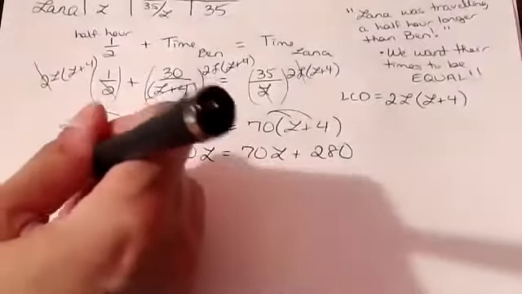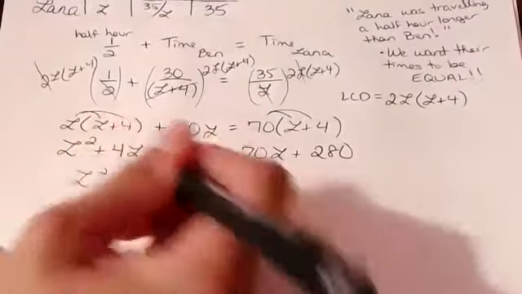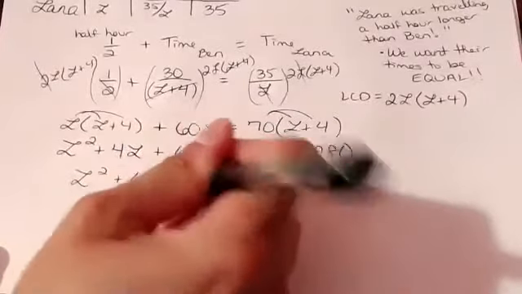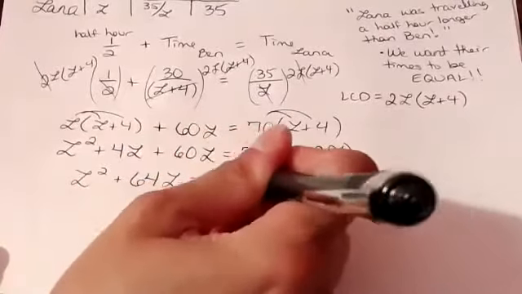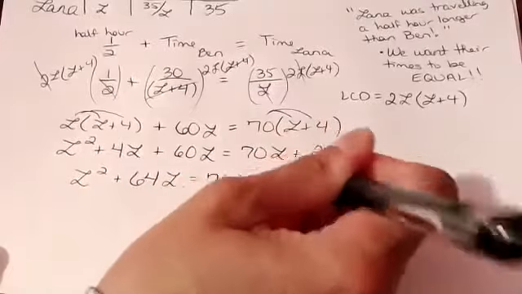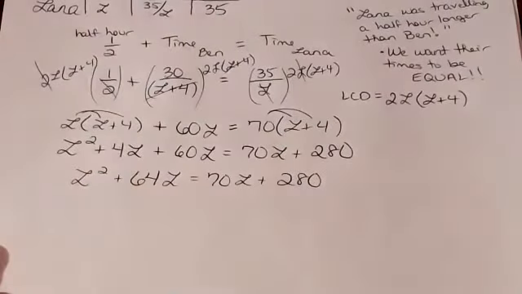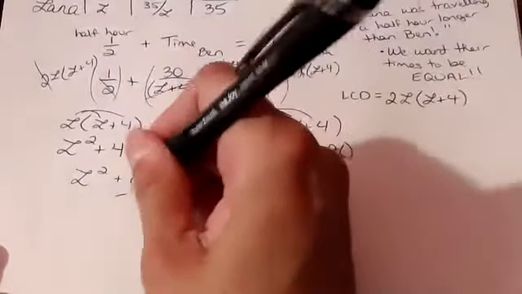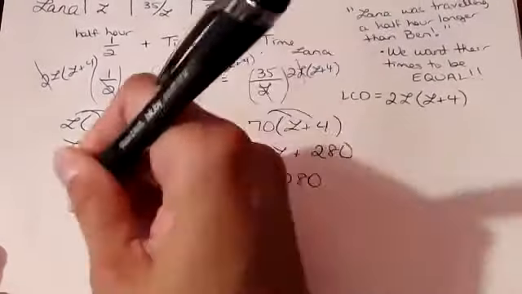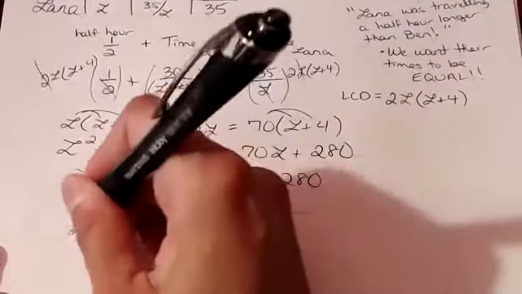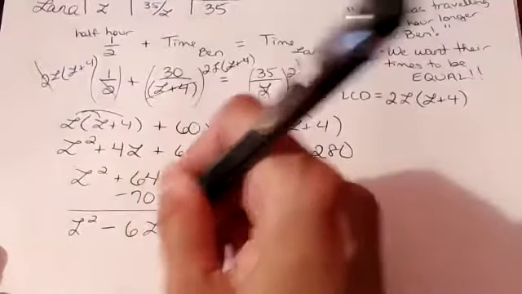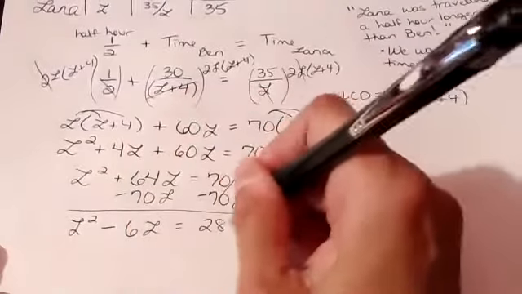So we have L squared plus 4L and 60L is 64L is equal to 70L plus 280. What's next? Bring the 70 over. Yes, we're going to bring this 70 over. So we have L squared minus 6L is equal to 280.